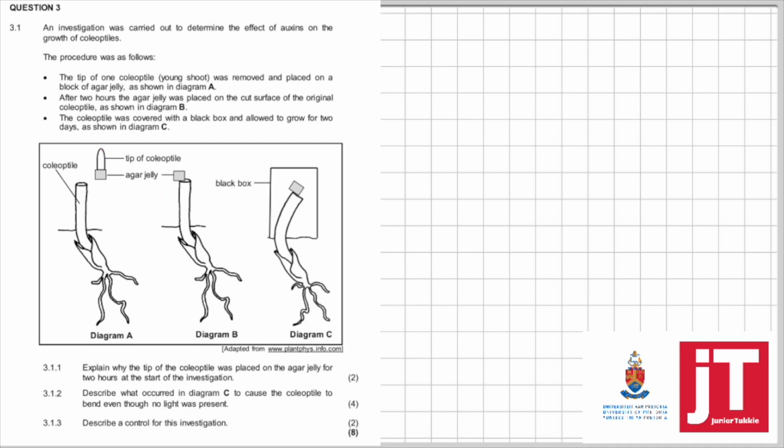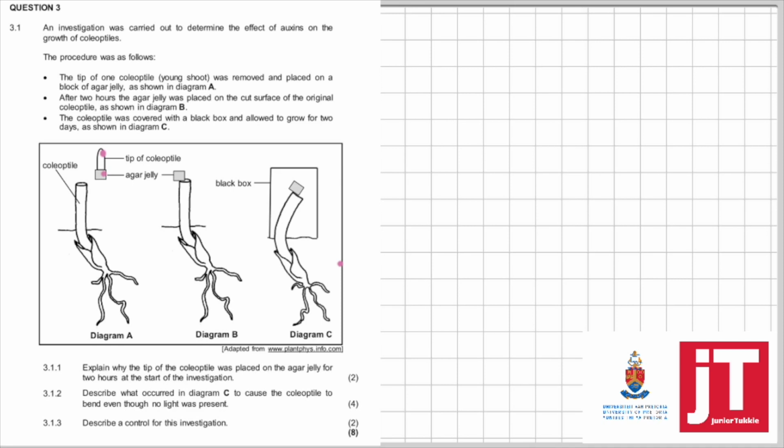3.1.2. Describe what occurred in diagram C to cause a coleoptile to bend even though no light is present. I know you want to immediately talk about phototropism, but look, I like this question. This coleoptile is in a black box, so there's no light. What actually happened is the auxin diffused from the tip into the agar. Can you see they put the agar jelly halfway?